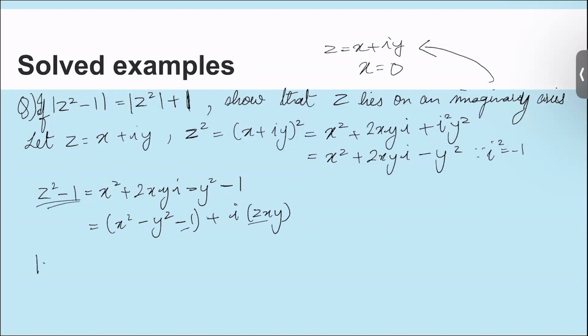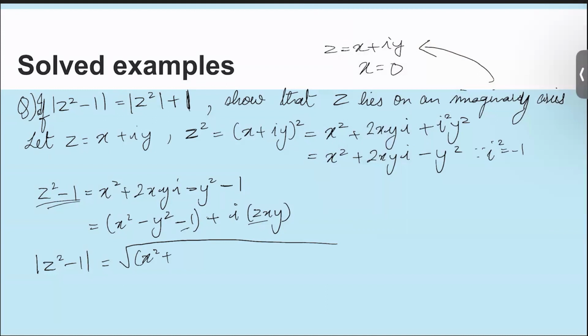So the mod of z squared minus 1 will become the root of x squared, sorry, this will be minus, x squared minus y squared minus 1 squared plus the square of this 2xy.